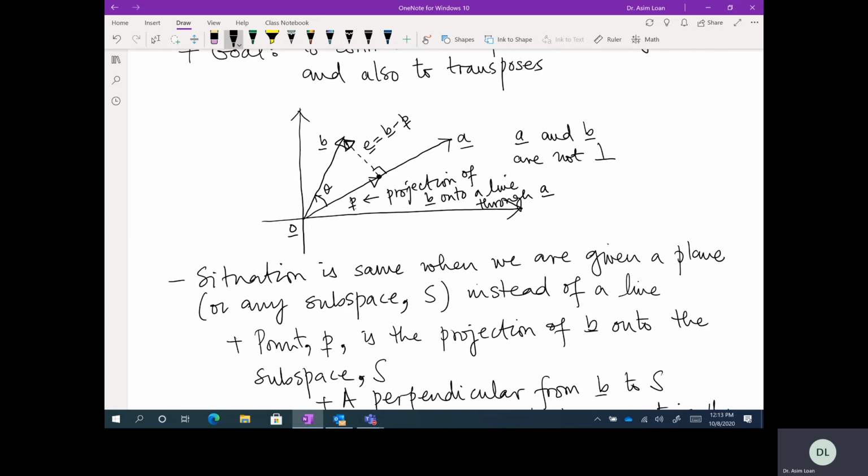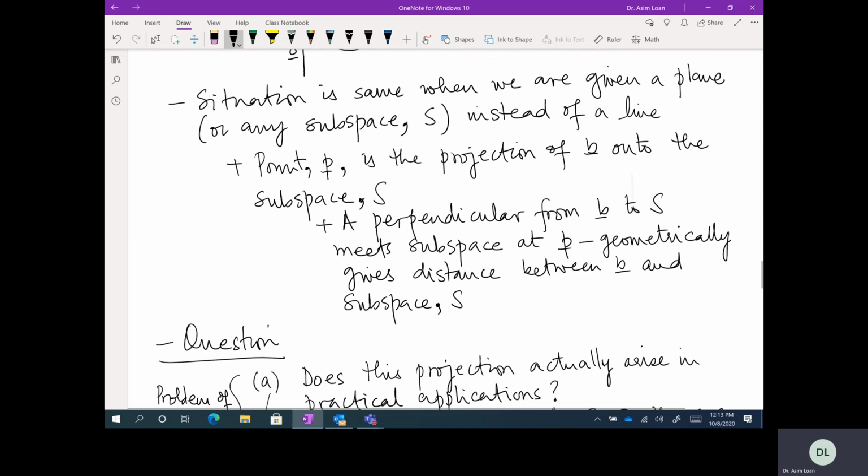So this P is equal to some x hat times the vector A. So this vector is A, this portion is x, so the length of the projection is x, and it's in the direction of A.